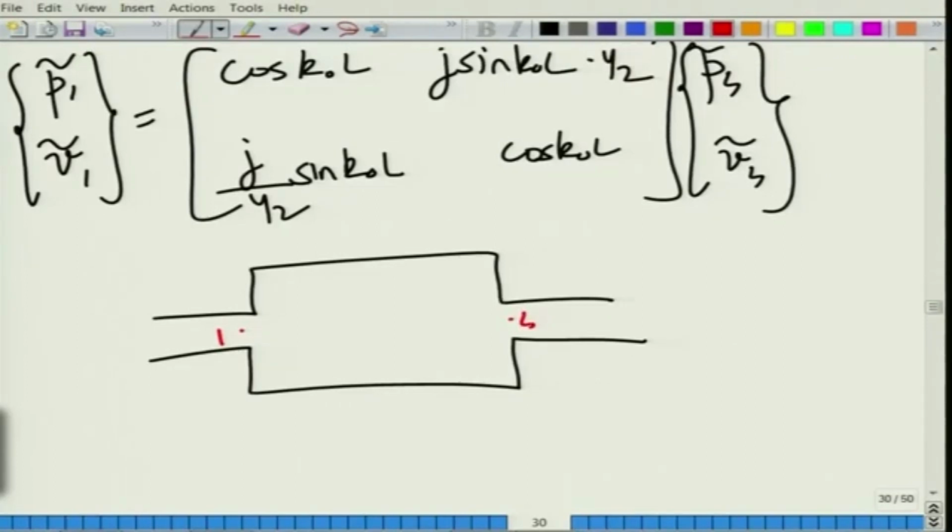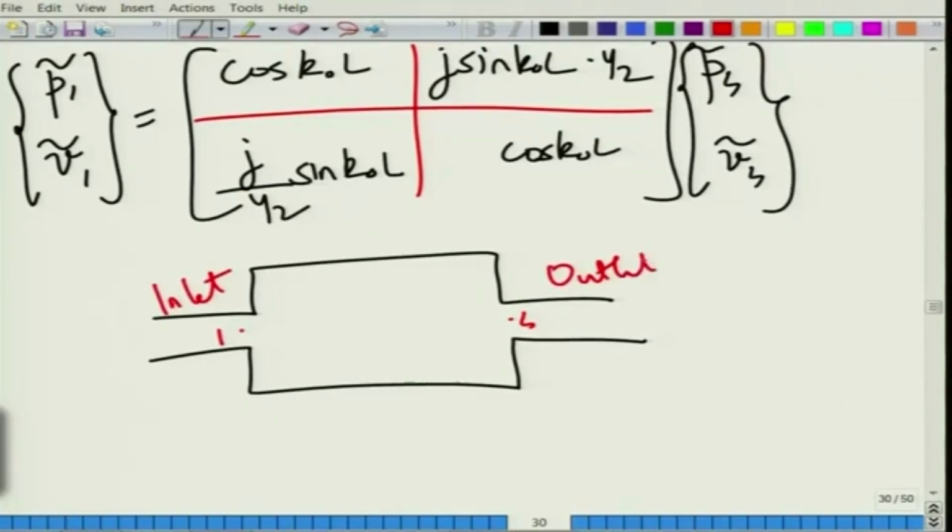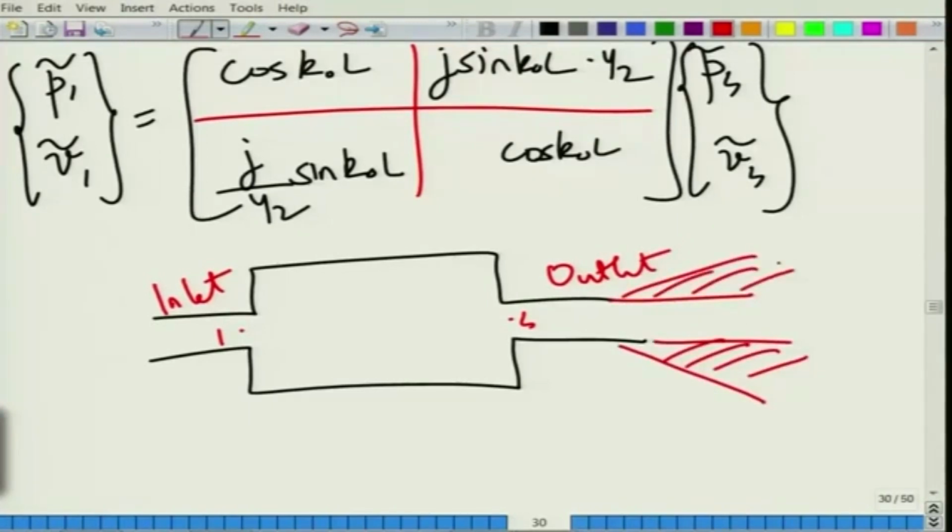So, we know all those things, and now what do we do? We would basically want to further relate the incident wave variables at the inlet port to what was transmitted. Remember, we have an anechoic termination. So, we know it is A1 here, and we know it is A4 here, or what was it?